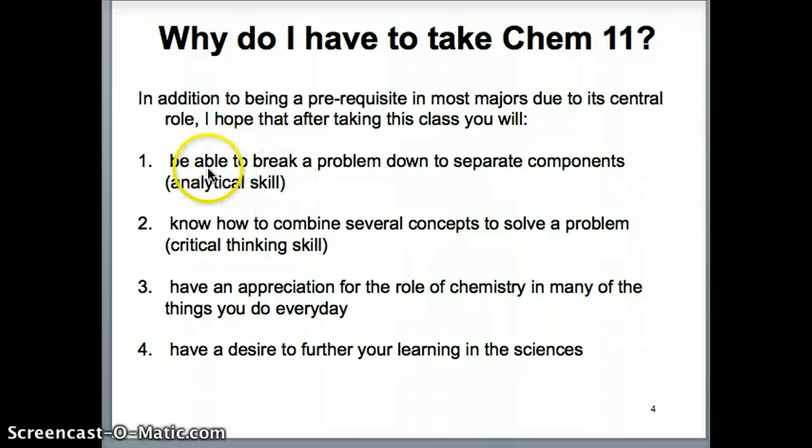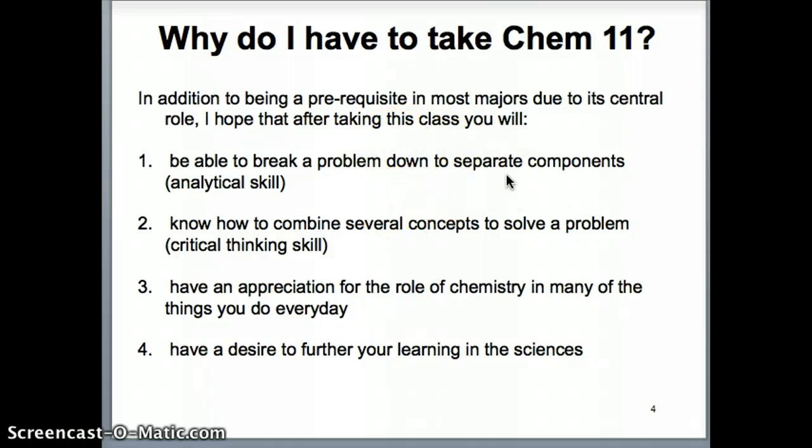And this is the analytical skill, which is the ability to take a problem that you encounter and break it down to its separate components, simpler components, and then analyze those components separately and solve the problems of each of those components. And this is not easy to do, but with practice, this is something that everybody can do.